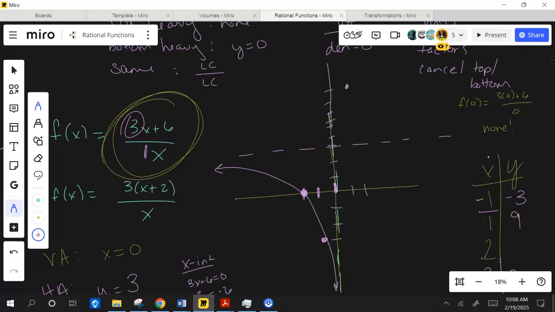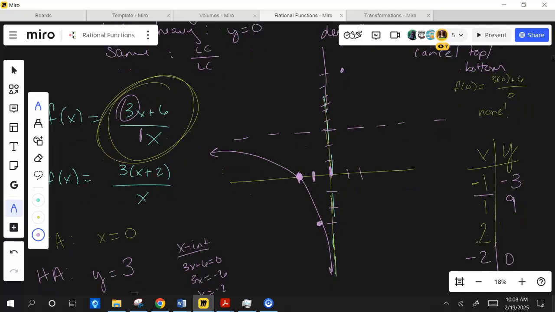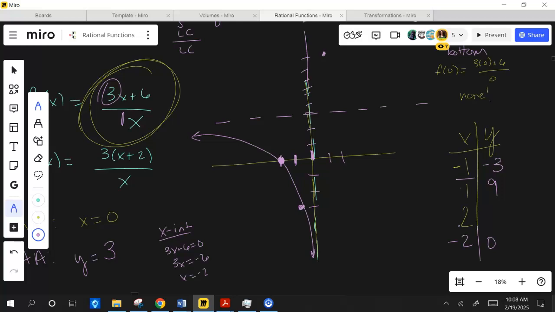Put it in parentheses. The top needs to be in parentheses. All right, how about 2? What happens when you plug in 2? -1 is -3. 1 is 9.